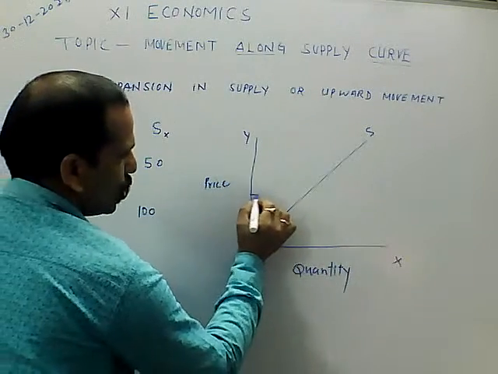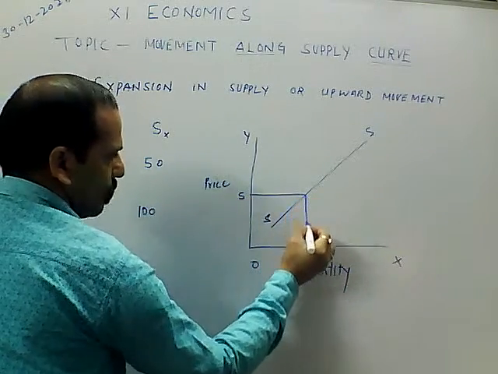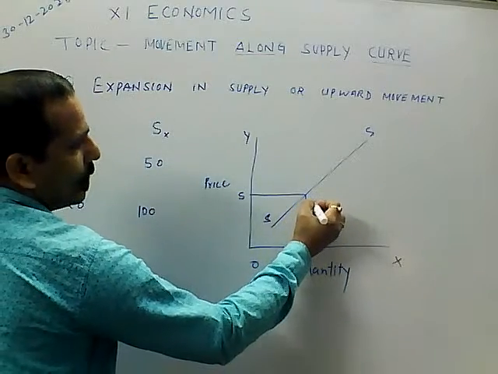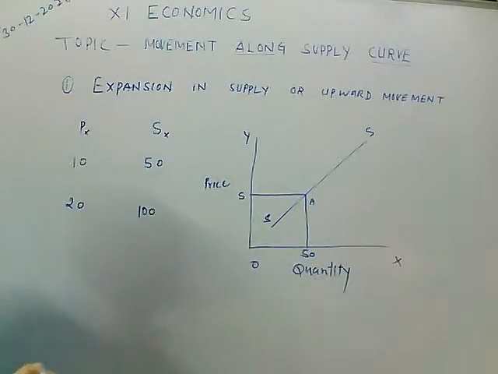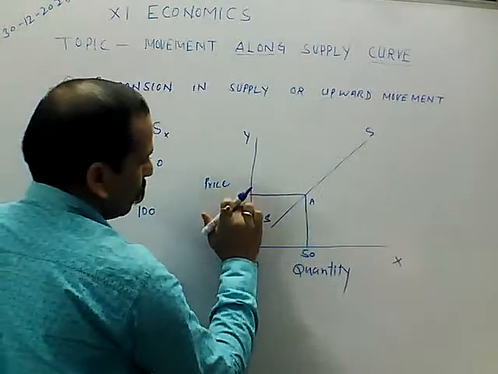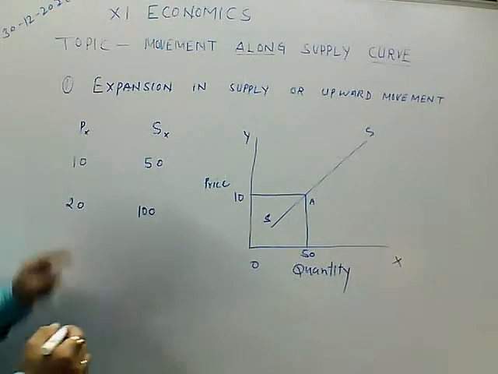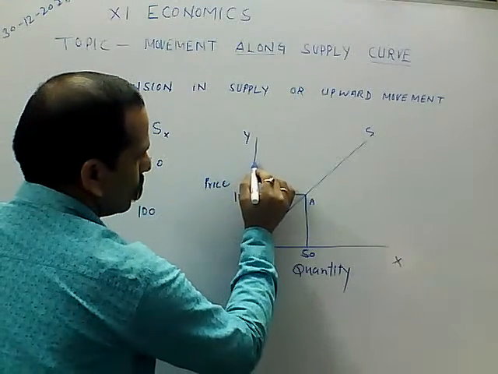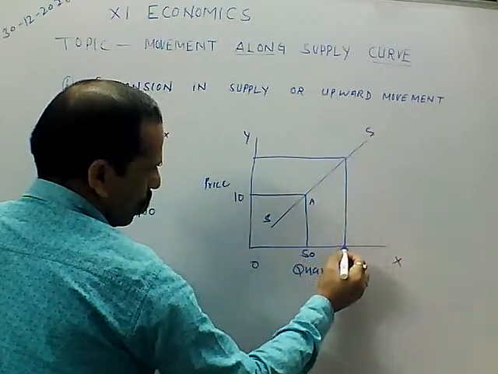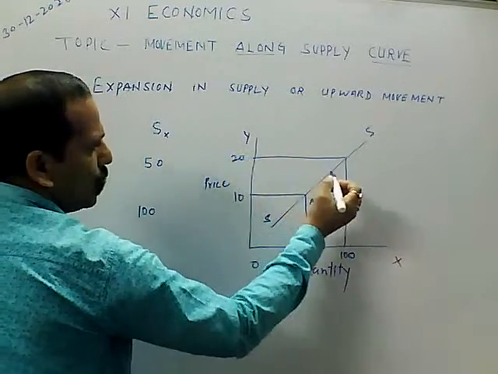Let this be the initial price of 10 rupees and quantity supplied 50 units at point A. Now rupee 20, so automatically the supply of pen will be 100 when price is 20 rupees.